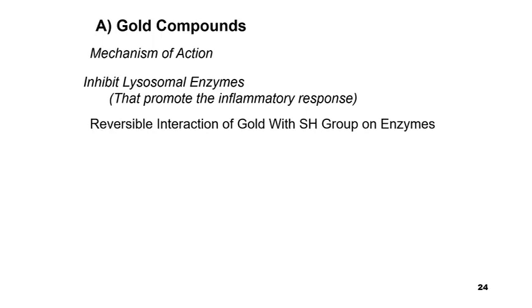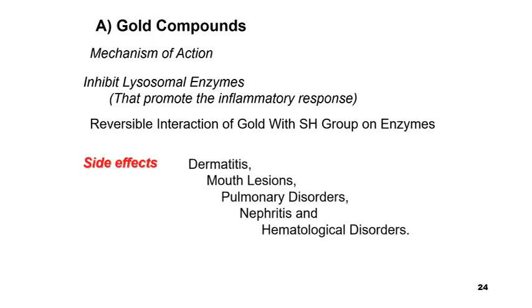These gold compounds, having a gold residue, are able to interact with the SH groups on enzymes, so their side effects include many symptoms: dermatitis, mouth lesions, pulmonary disorders, nephritis, and hematological disorders.